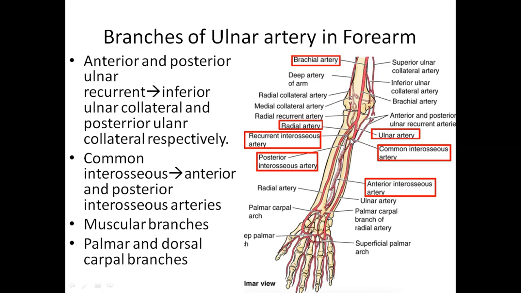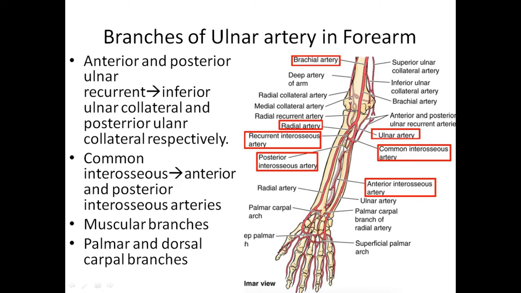When it reaches the interosseous membrane, it gives the common interosseous artery, and that common interosseous artery gives the anterior and the posterior interosseous artery and the interosseous recurrent artery.